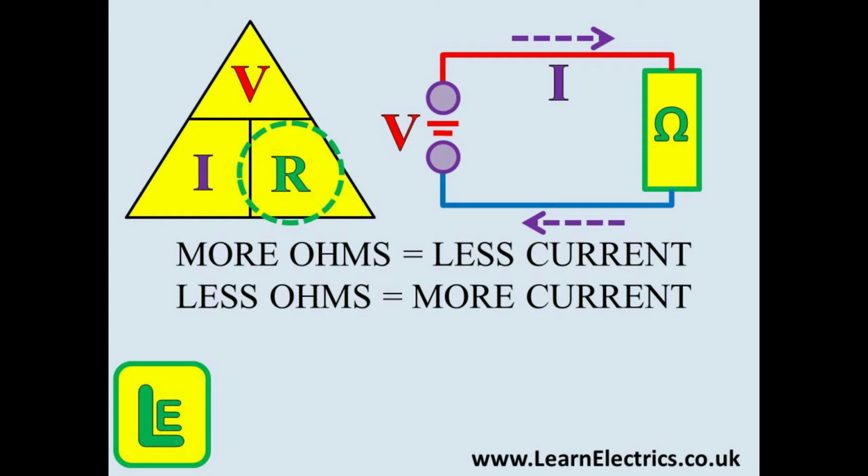If we increase the resistance, then the amount of electrons flowing around the circuit will reduce. If, instead, we make the resistance smaller, then the electron flow will increase. Now we can say more ohms will result in less current, and less ohms will allow more current.